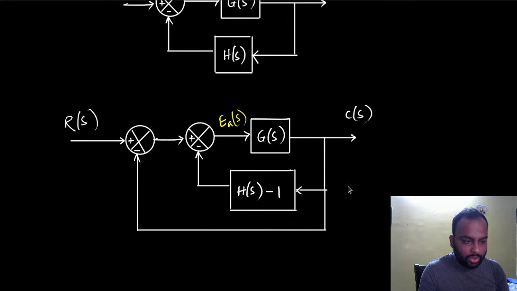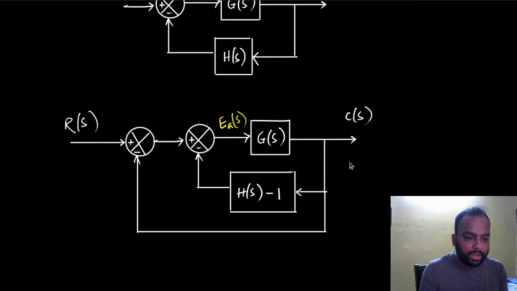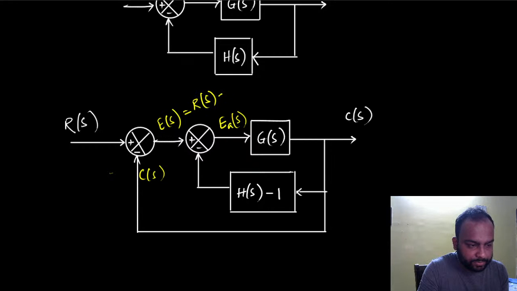Why exactly so? Let's see. This is CS, so CS is feeding back from here. So CS approaching this, here at this point we have ES. ES is RS minus CS, that's fine. But here what is EAS?